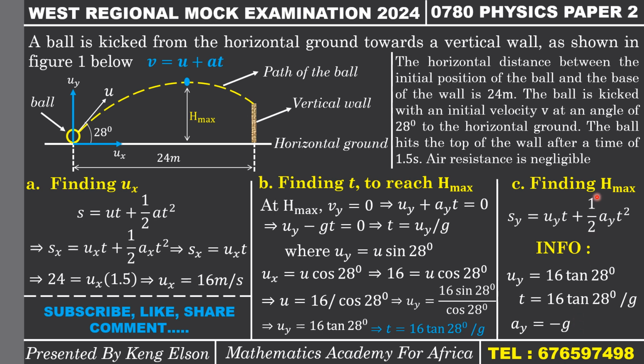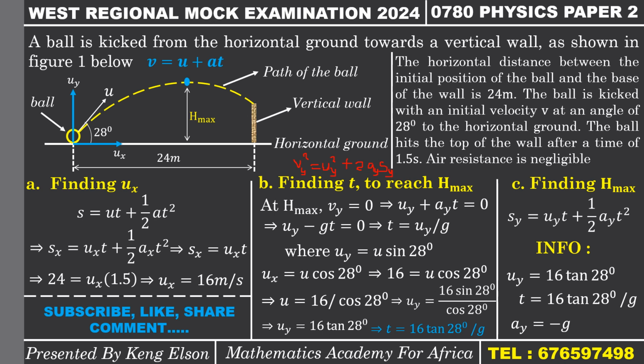Alternatively, to solve this question, we could also use the fact that at maximum height your vertical velocity is 0. Then we use the other equation of motion, which says v squared is equal to u squared plus 2as. Now we are going to replace our v here with vy, you replace your u with uy, you replace your a with ay, and then you replace your s with sy.